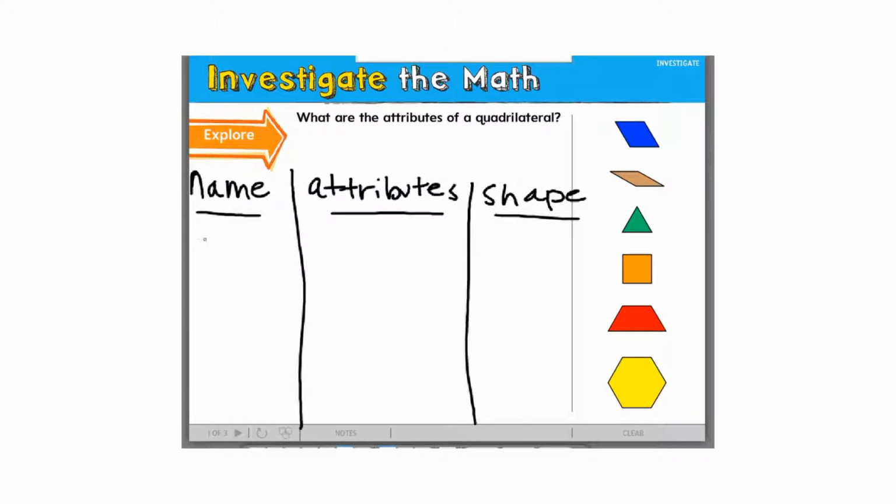So the first name is square. Now the attributes of a square are that it has 4 right angles and 4 congruent sides.